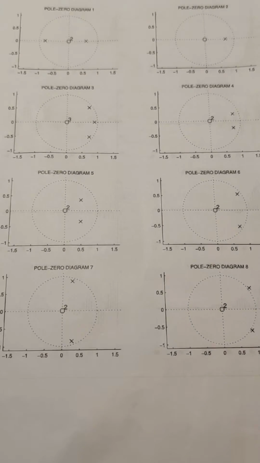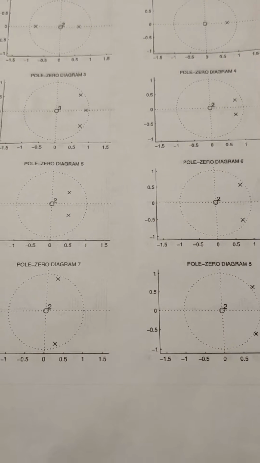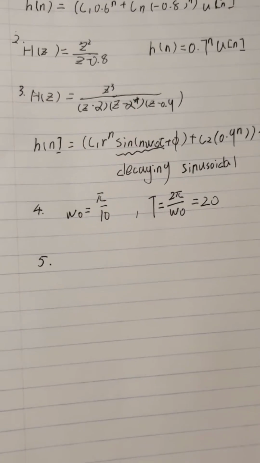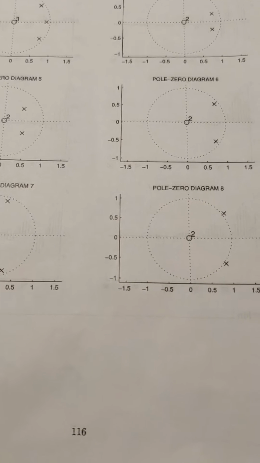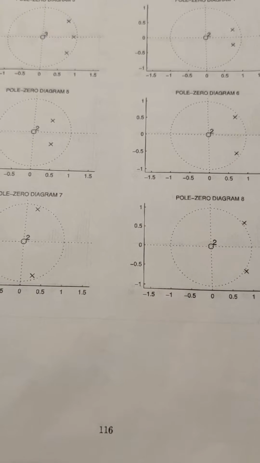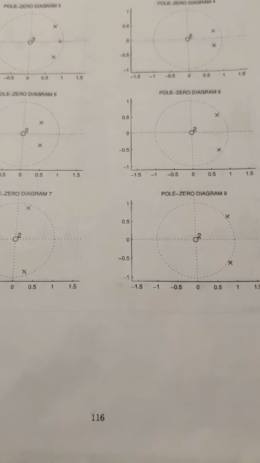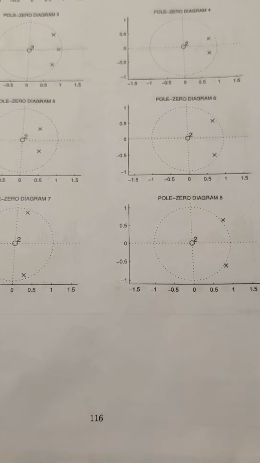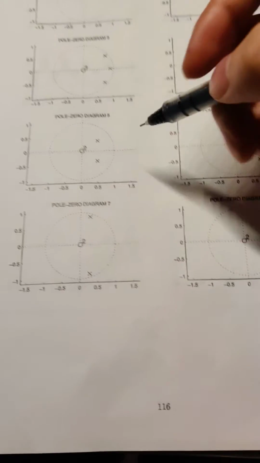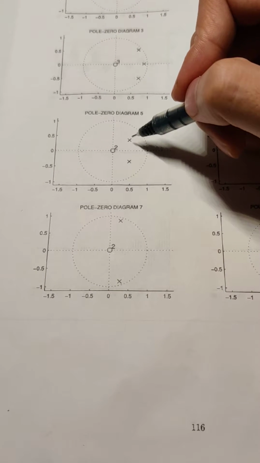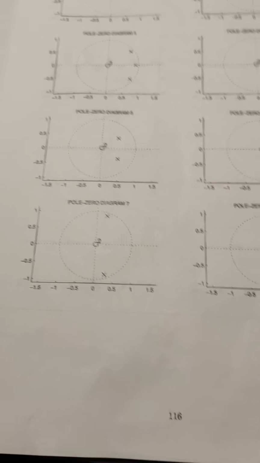Now we go to pole-zero diagram 5. We can discuss this diagram together with diagram 6, because they have the same angle, so they have the same period for one circle. That looks like pi divided by 5, so the period will be 10 seconds. But we can find some differences between diagram 5 and diagram 6, because the radius of the pole in 5 is less than in 6.